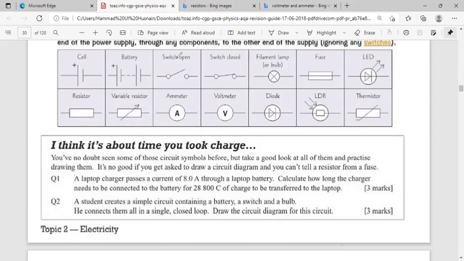The formula is Q equals I times T, and Q is the charge, that's coulombs, and it tells us that it's 28,800, and I is the current, so I did 28,800 divided by 8, that gives me 3,600.